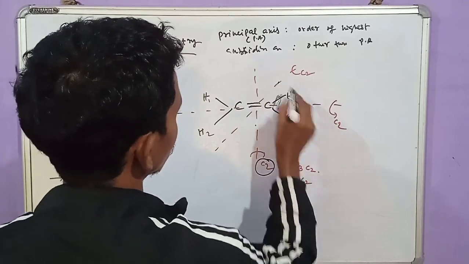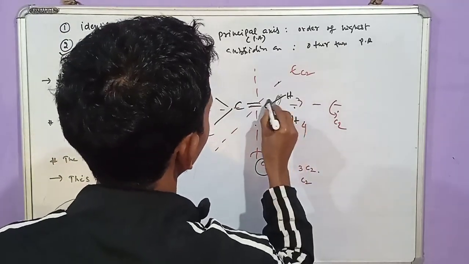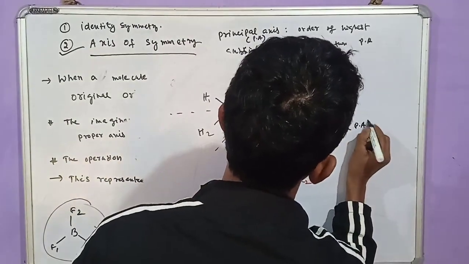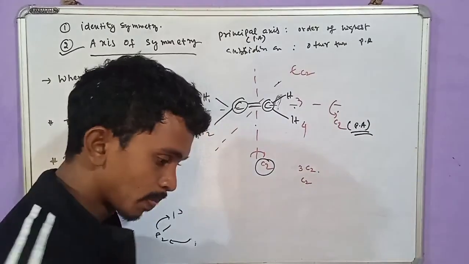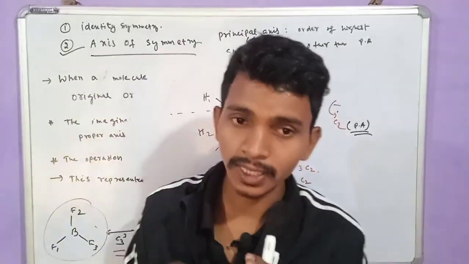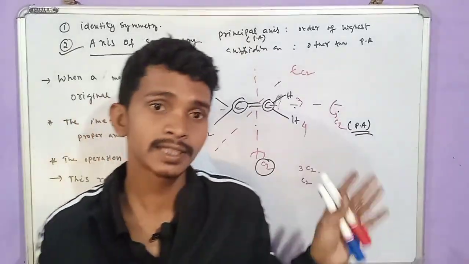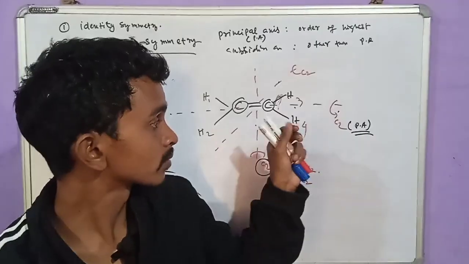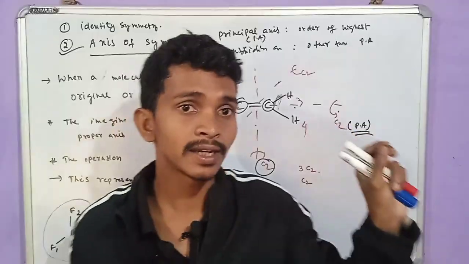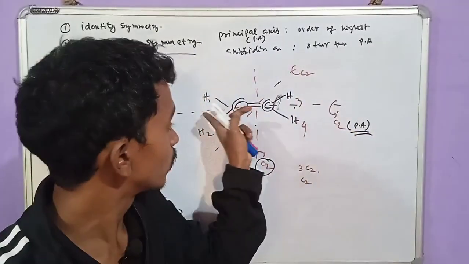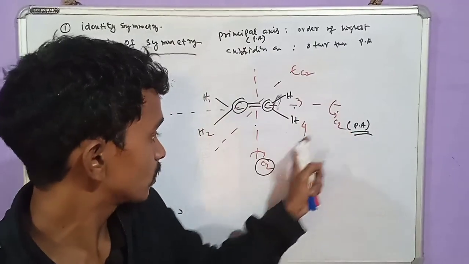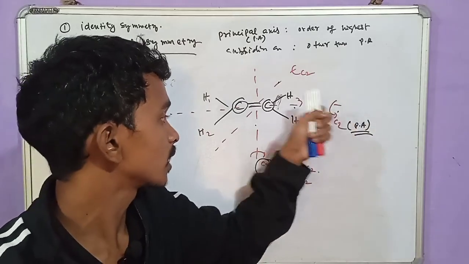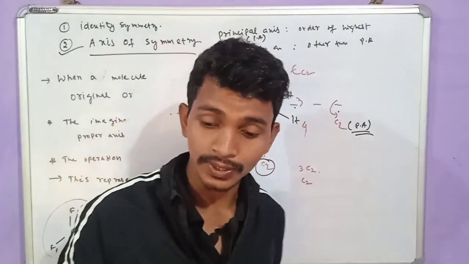This also passes through bonds, but this C2 passes through 2 atoms. So this is the principal axis. So if the orders are different, then the highest order is taken as the principal axis, and if the orders are the same, then the axis which passes through more atoms is taken as the principal axis.